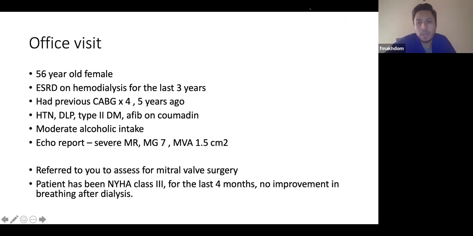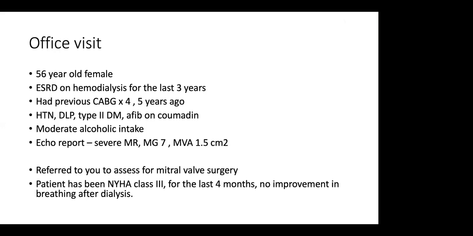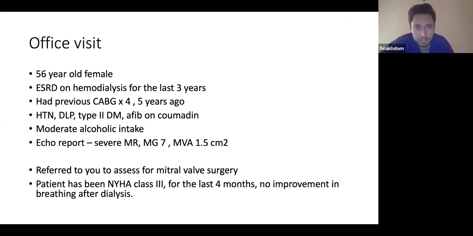Yeah, she's optimized and on dialysis 3 times a week. She's fairly active, with symptoms started in the last 2 months. And is there any plan, or is she on the list for transplant? Yes, and on the list for transplant.